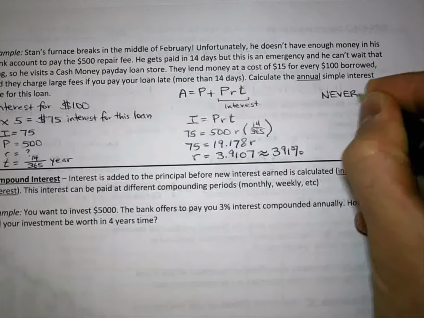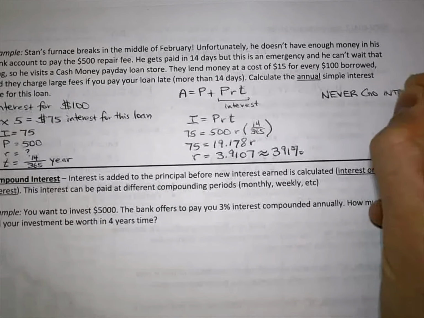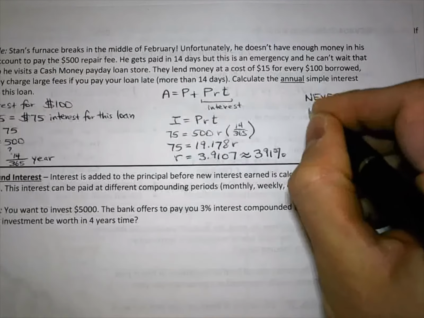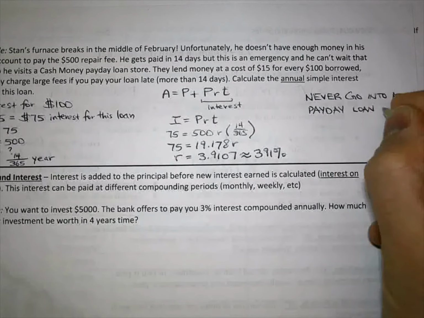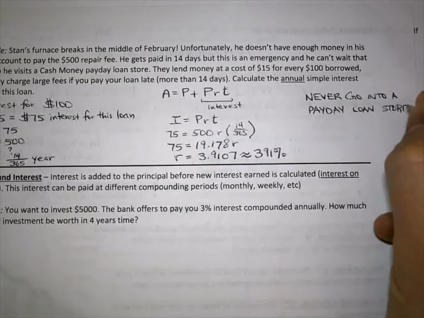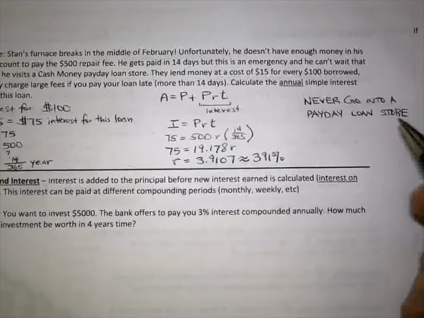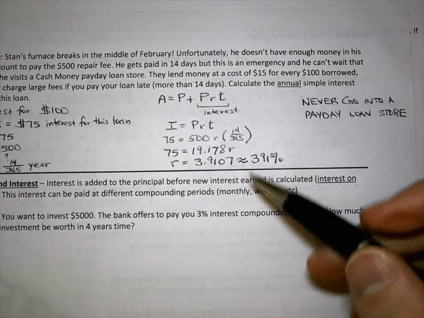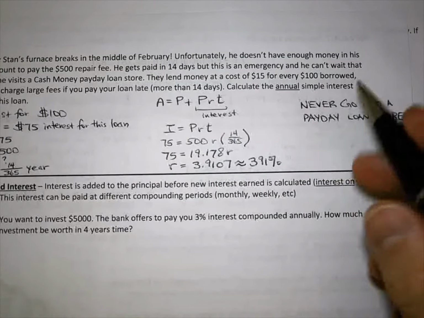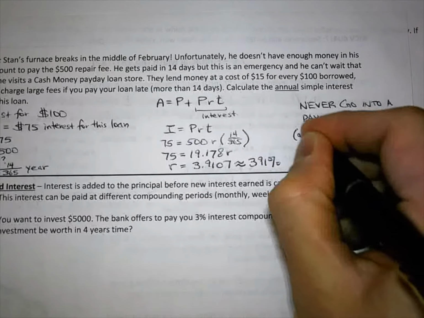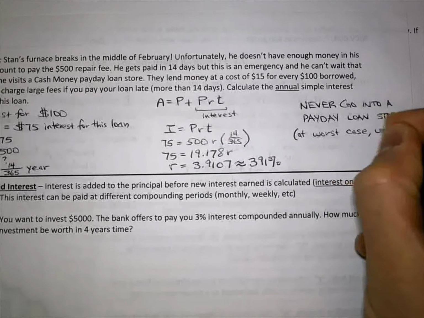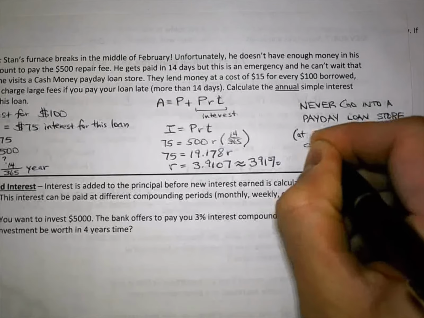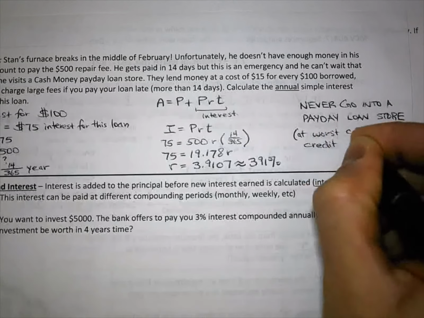Never, ever go into a payday loan store. You will try to exhaust every other option you have before you do that. And at worst case, use a credit card. It's still not great, but it's much better than going to a payday loan store.